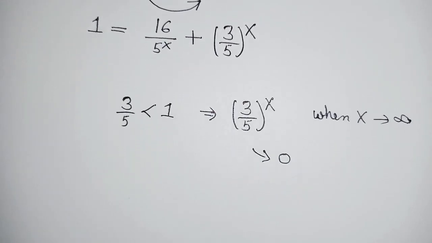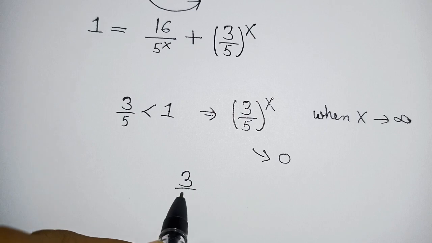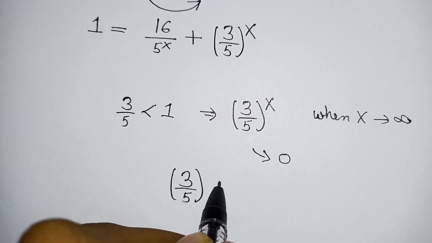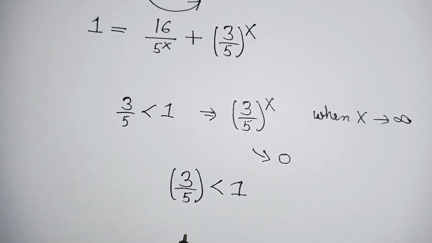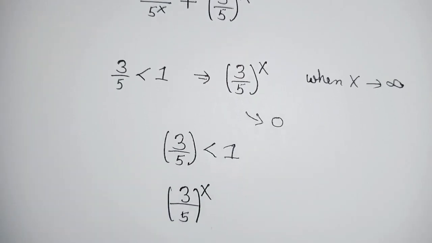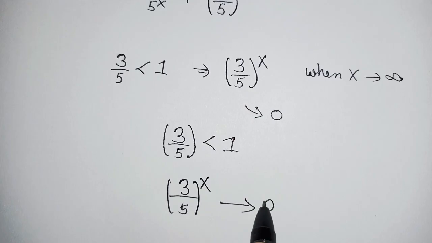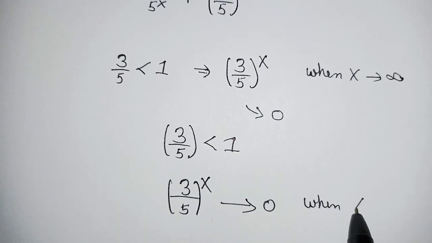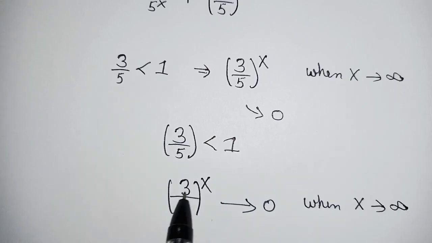How are we saying this? Because 3/5 is less than 1, so when we take (3/5)^x, this value will tend to 0 when x tends to infinity. That means we are increasing the value of x, and this whole value decreases to 0.